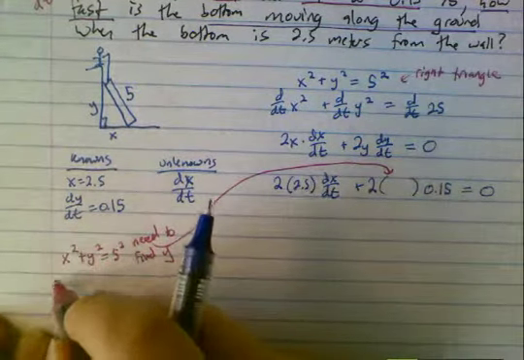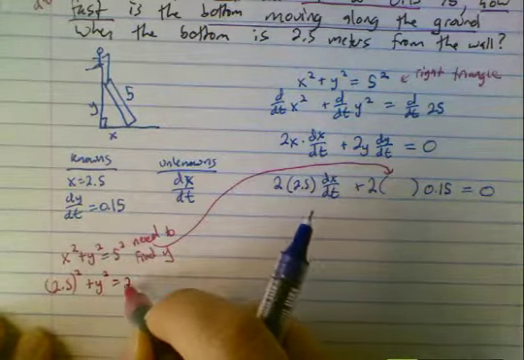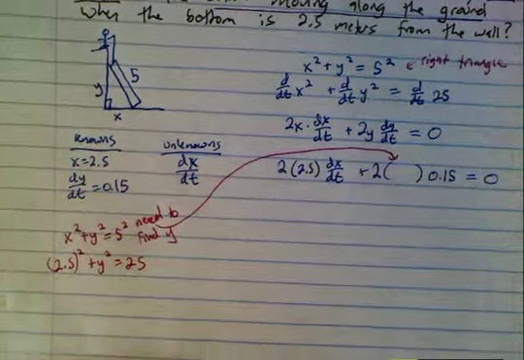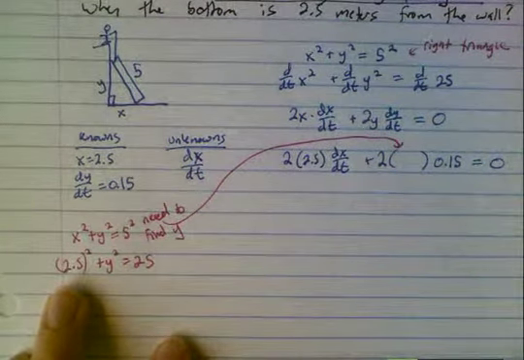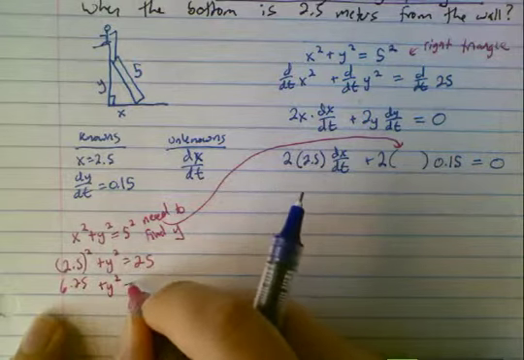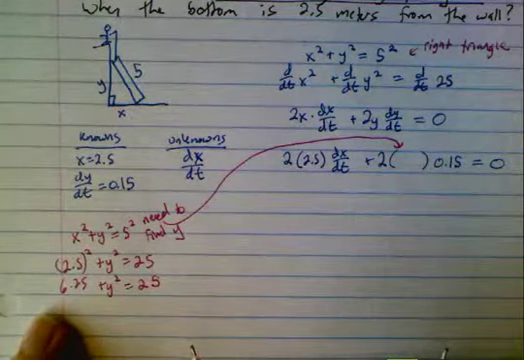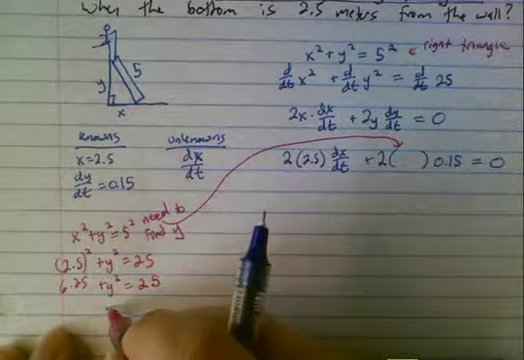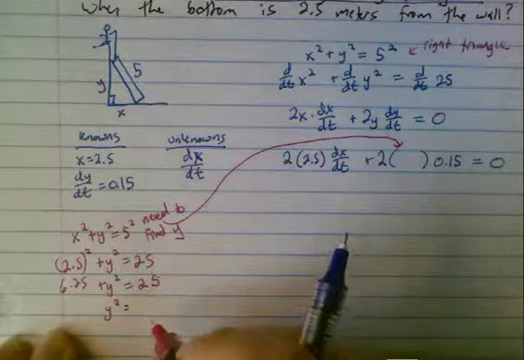x we know is 2.5. 2.5 squared is 6.25. Subtract 6.25 from both sides.